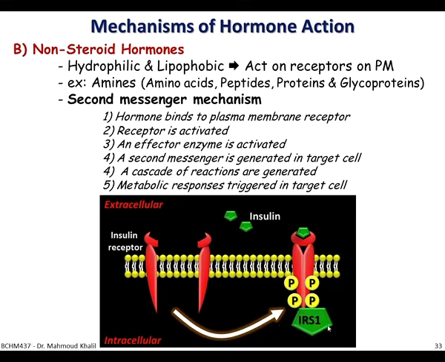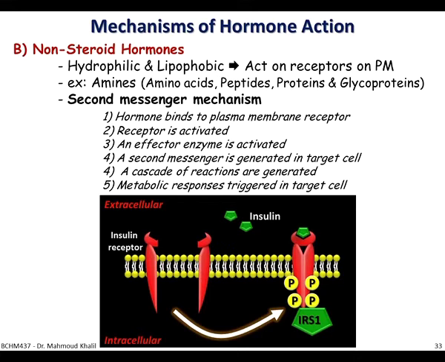So you can see here that another protein should bind to the activated receptor. Once it's bound, this activated molecule will provide a cascade of reactions until reaching the response of the target cells.